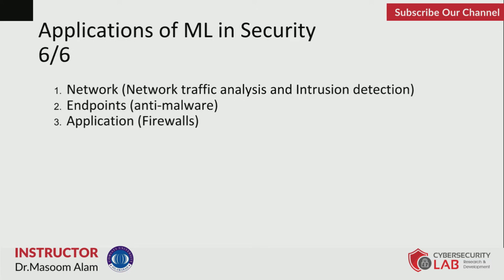So we try to analyze the patterns in the traffic. However, in this type of analysis, our biggest concern, our challenge, is the encrypted traffic. Nowadays, even some projects are being floated which can perform machine learning on the encrypted traffic as well.